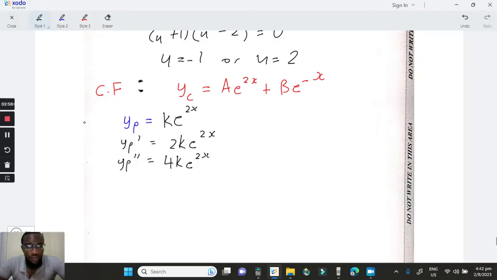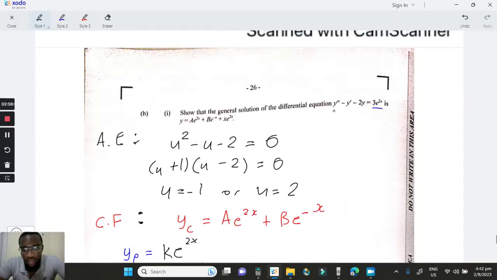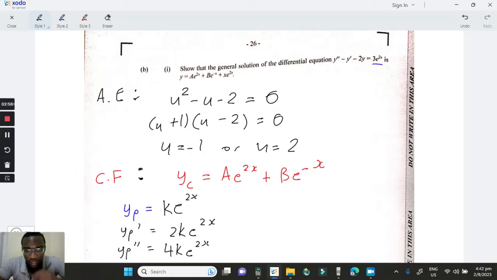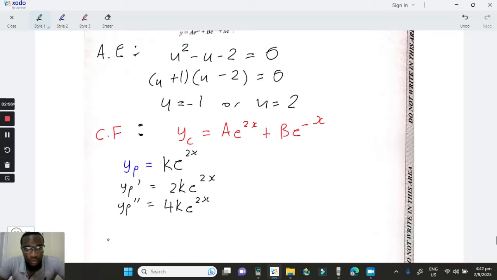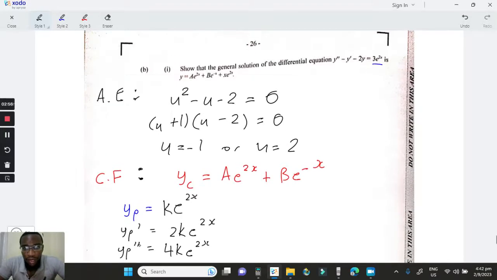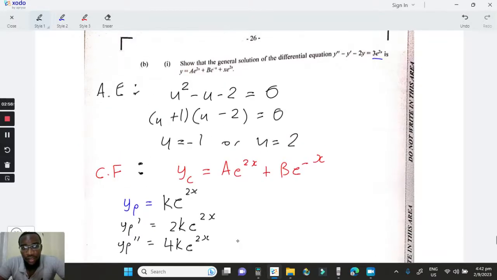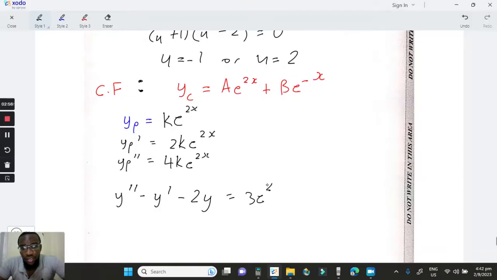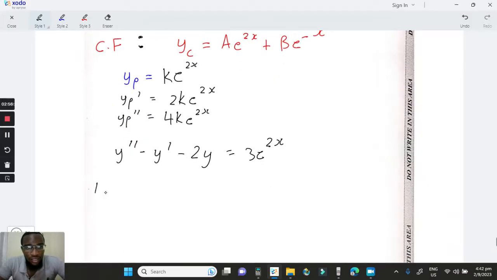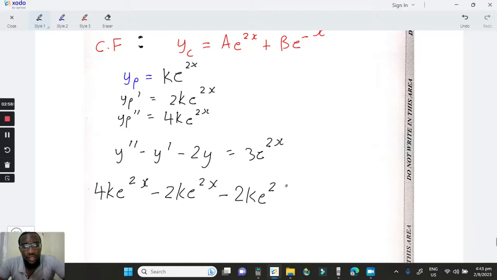So in that case now, we can substitute it in the original equation. Remember it is y prime prime minus y prime minus 2y equal 3e to the 2x. So what we're getting is 4ke to the 2x minus 2ke to the 2x minus 2 times y, which is 2ke to the 2x, equals 3e to the 2x.